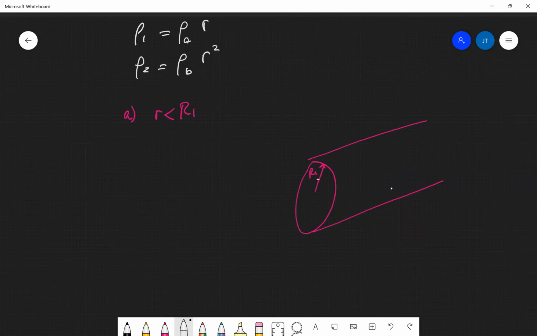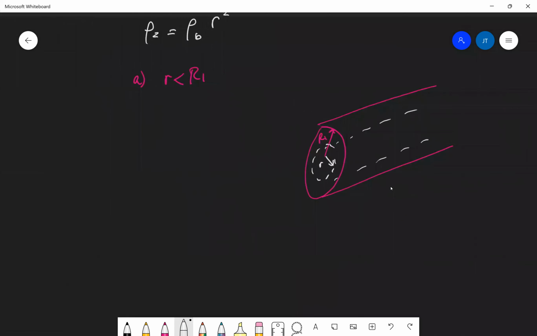I make my Gaussian surface inside it of length L and little r for the radius. So now my electric field again is this. How much Q is enclosed inside this cylinder?